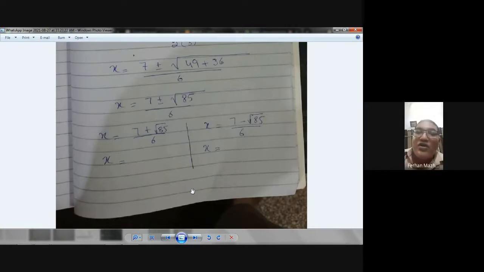2.70. Okay, note it down. Now do the second calculation, that is 7 minus under root 85 equals, divide by 6 equals. Minus 0.7.